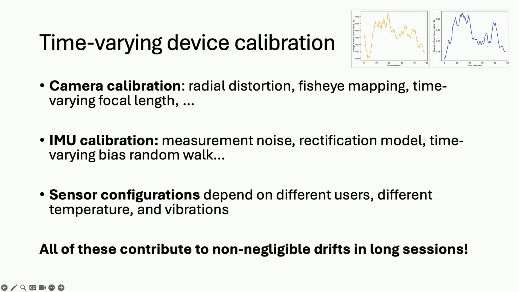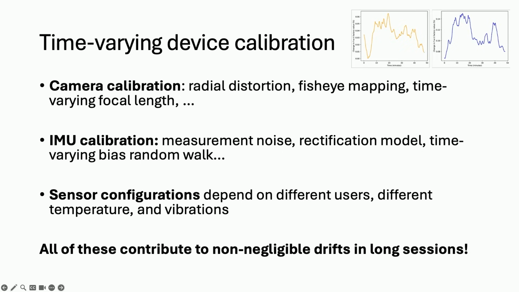And on the other hand, when we record with egocentric devices on long recordings, we have a lot of calibration challenges where both camera calibration and IMU calibration are highly time dependent.